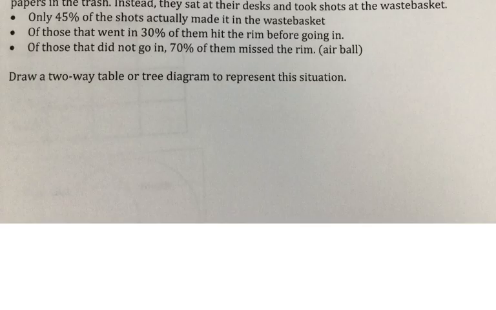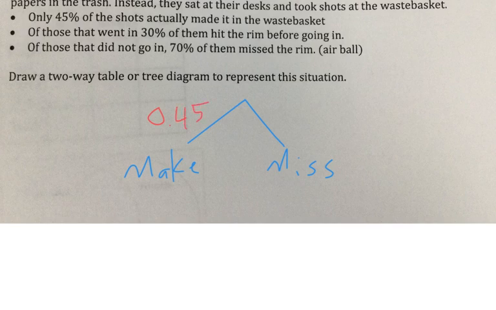The tree diagram should look like this. Can I draw it? There are two possibilities: you could make or you could miss. Are those equally likely to occur? No. 45% make. That's where you put the numbers. If only 45% were make, then the probability of making is 0.45.